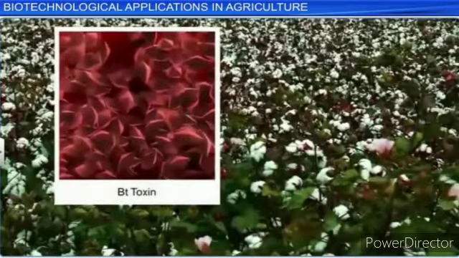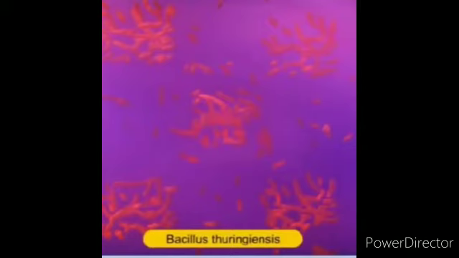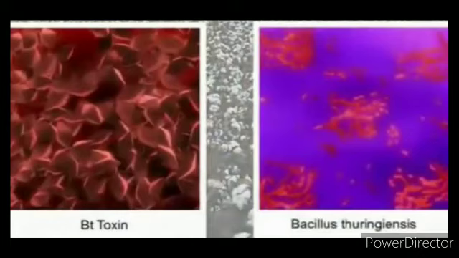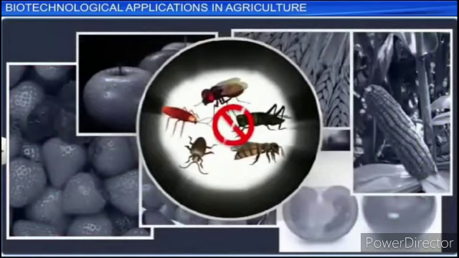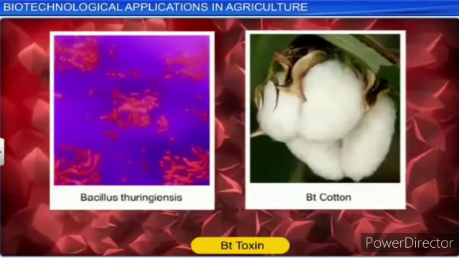Example, Bt toxin is produced by a bacterium called Bacillus thuringiensis, short form Bt. Bt toxin gene has been cloned from the bacteria and expressed in plants to provide resistance to insects without the need for insecticides. In effect, it created a biopesticide. Examples are Bt cotton, Bt corn, rice, tomato, potato and soya bean.